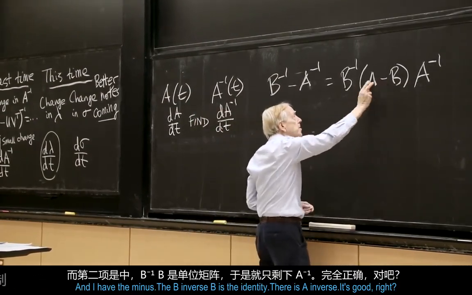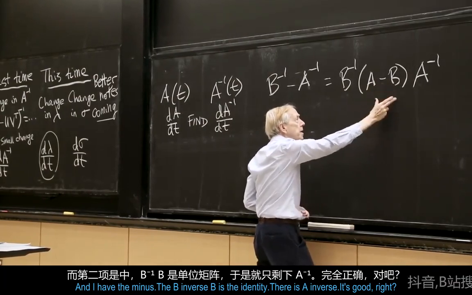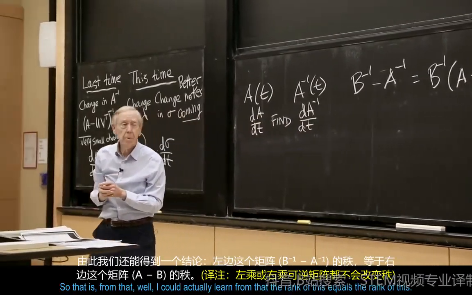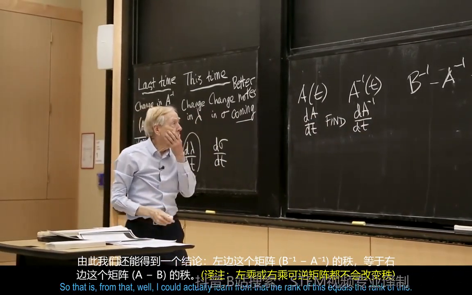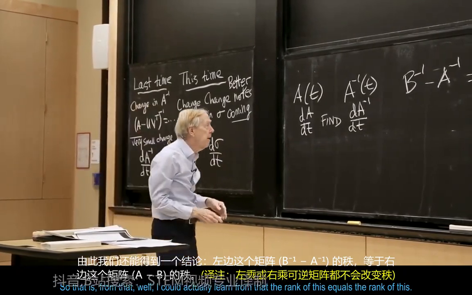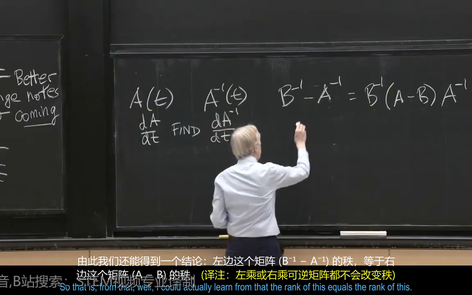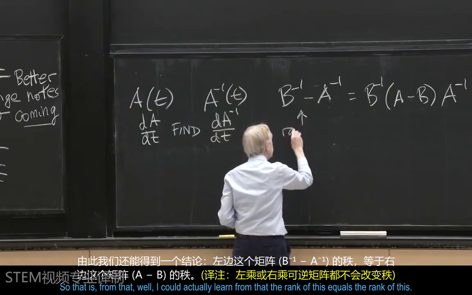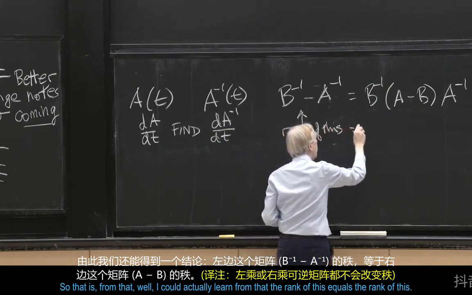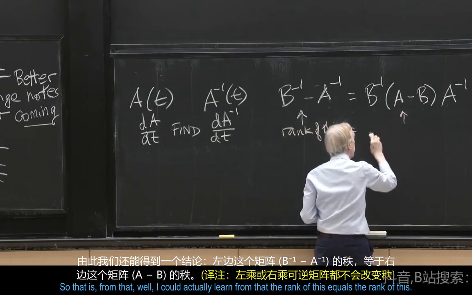And I have the minus. The B inverse B is the identity. There's A inverse. It's good, right? So that is from that. Well, I could actually learn from that the rank of this equals the rank of this.